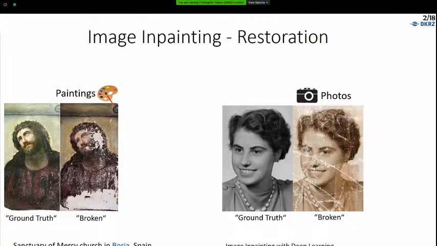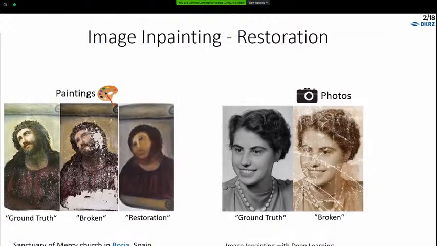So I want to start with the left side. This is a painting from the Sanctuary of Mercy Church in Borja, Spain, and there was a restorer saying, I could restore the painting on the left in that church, and for free, she said. And this was what came out of it. That's a pretty famous example.